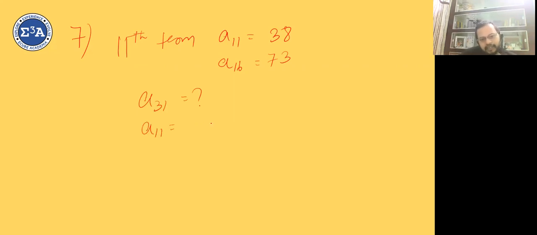A11 is how much? A plus 10D. Now don't ask me how 10D. Again and again we are just talking about the same thing: N minus 1 into D. N is 11, 11 minus 1, so 10D. Okay, and it is 38. This is equation 1. This is equation 2. The second equation is A plus 15D is equal to 73.